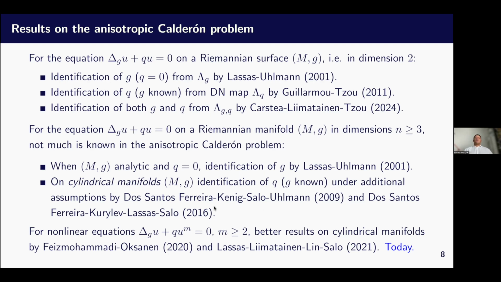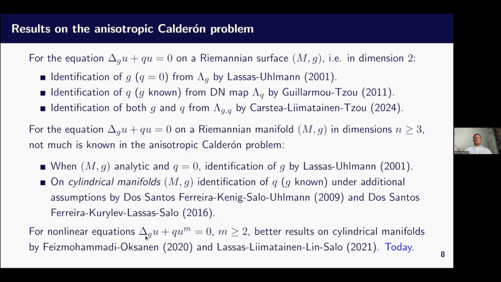And then I also mention the nonlinear counterpart of this Calderon problem on cylindrical manifolds. I will mention a result about that here because I will discuss that later today as well. As it happens, for nonlinear equations, Laplace_g u plus q u to the power m, where m is at least 2, there are actually better results.